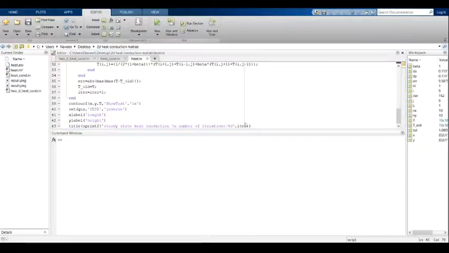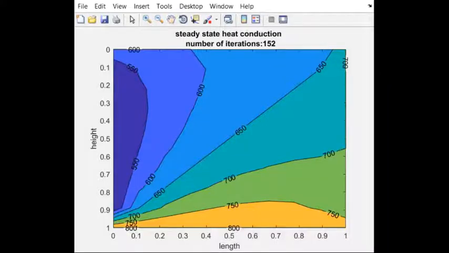Let's check what will happen. Are there any errors or not? See, now the steady state heat conduction and the row changed to number of iterations. It has taken 150 iterations.